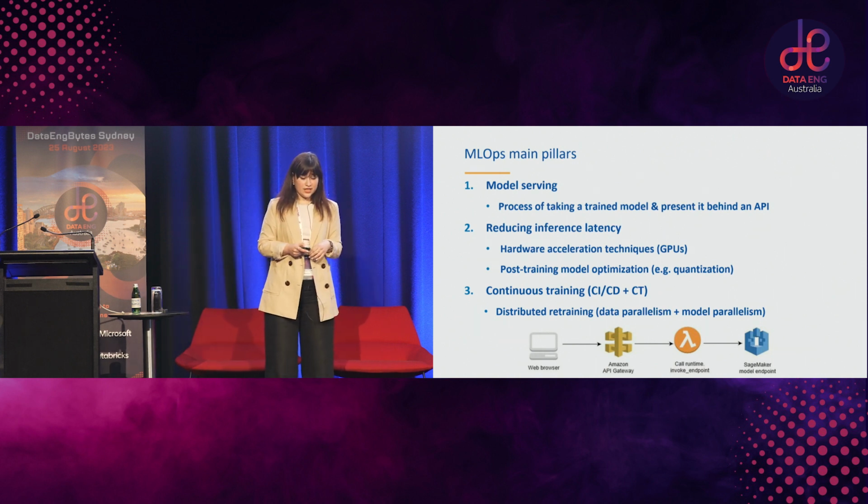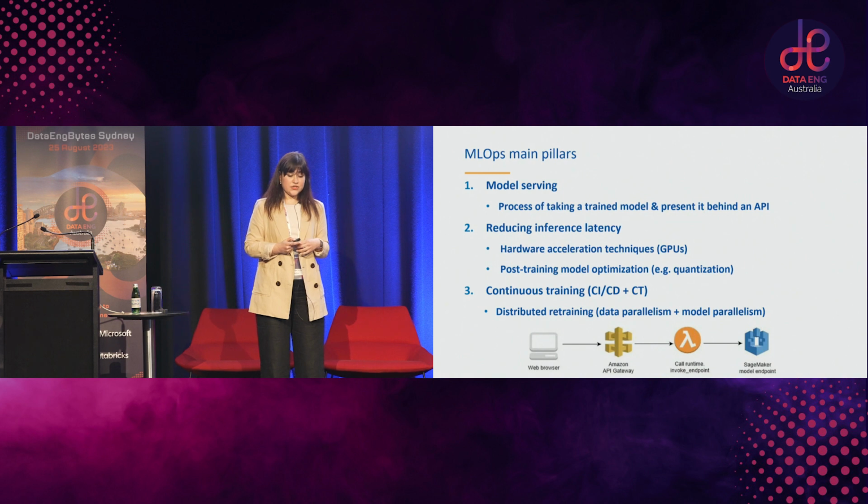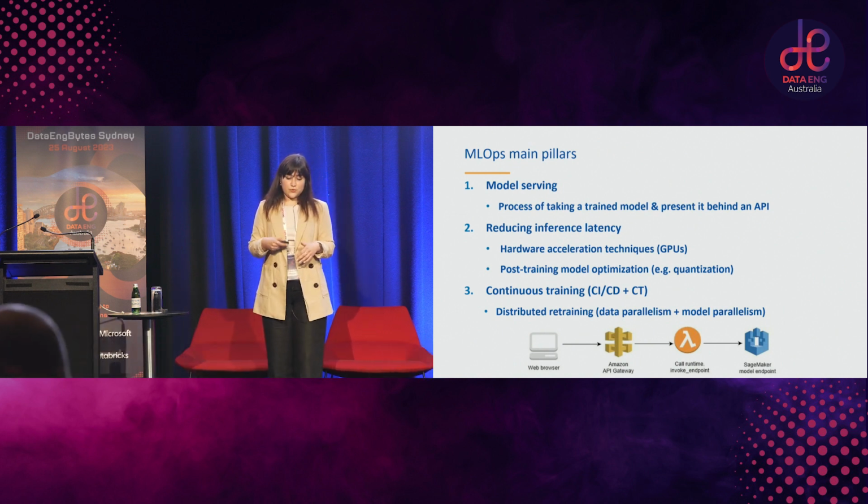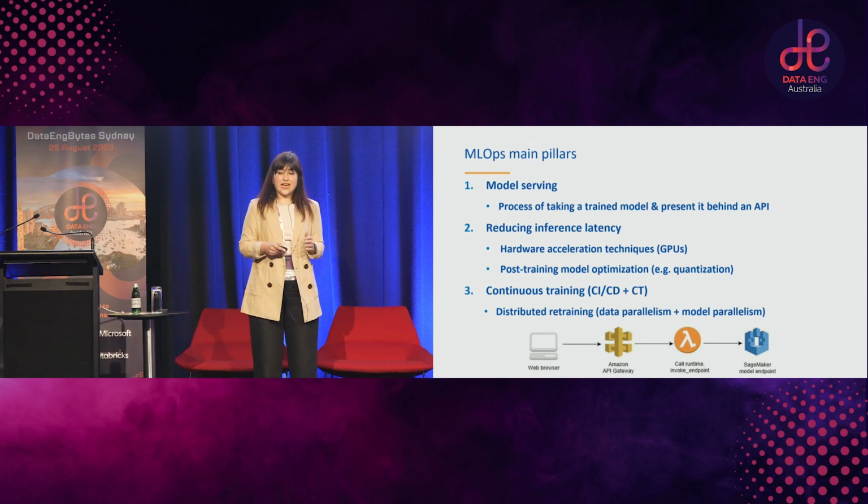And the third one is continuous training. With any system, we always have continuous integration and continuous development, but specifically for an ML system, we also want to make sure we have a process in place to continuously improve our model, get the feedback data, and train our model.